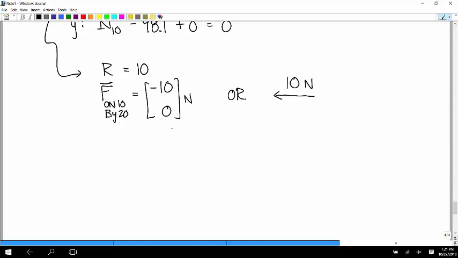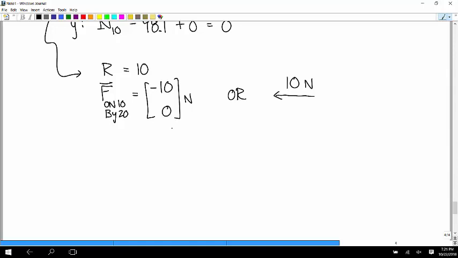Yes? Mm-hmm. In this case, it is, but not always. If you have a rolling or sliding problem where that normal force is the only other force besides gravity and the surface is horizontal, then yes, that'll be the case.